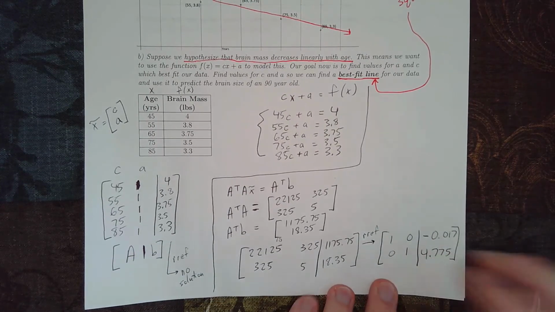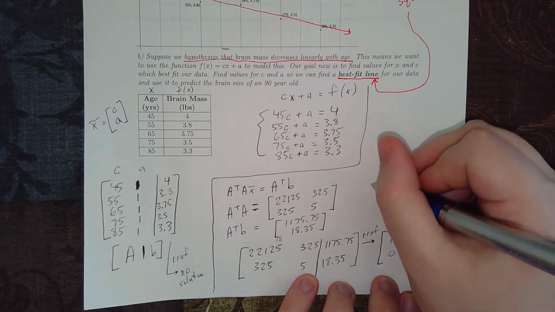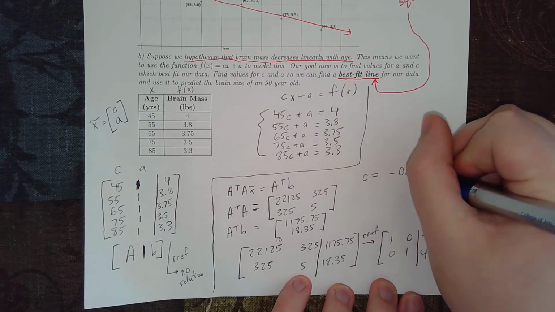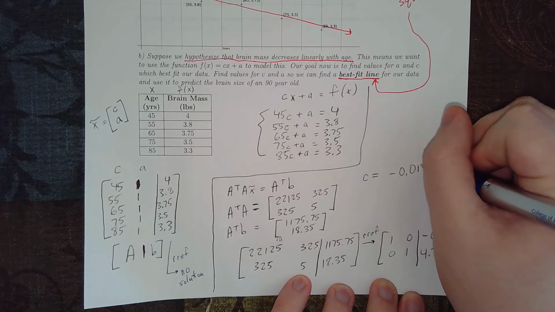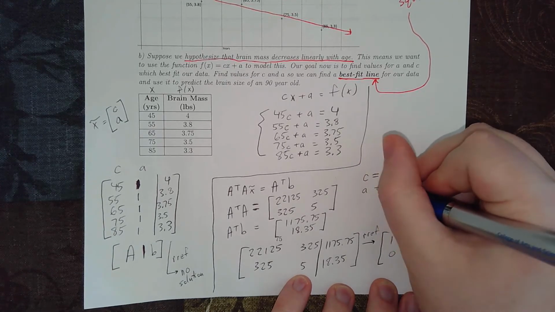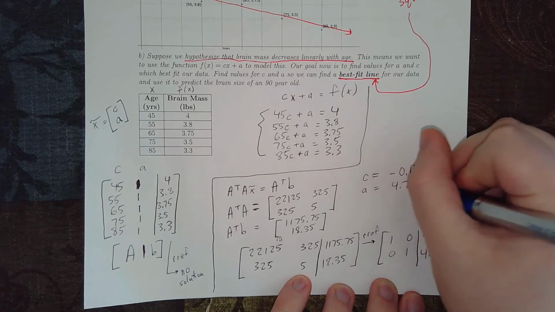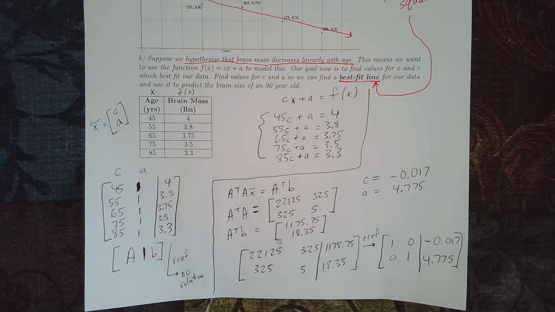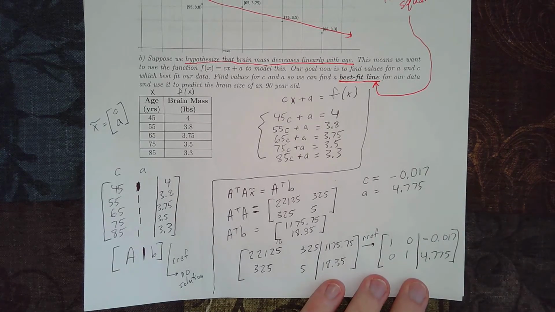And so what this tells us is that C should be approximately negative 0.017, and A should approximately be 4.775. A little bit of rounding there, I believe, when we did this reduced row echelon form.